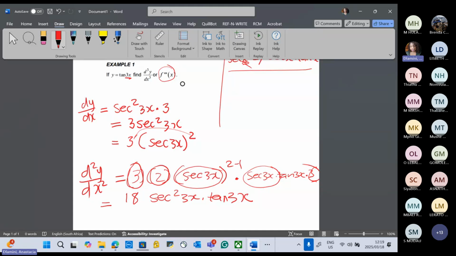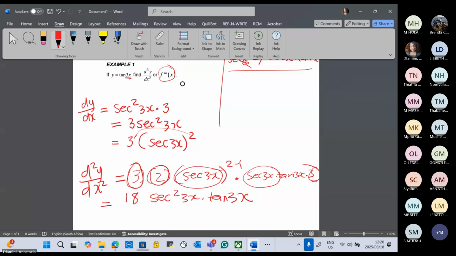Now, at times I can tell you, go and find the derivative number 1200. I'm just saying, might be in the exam. Doesn't mean you have to go and differentiate until 1200. Just putting it out there.